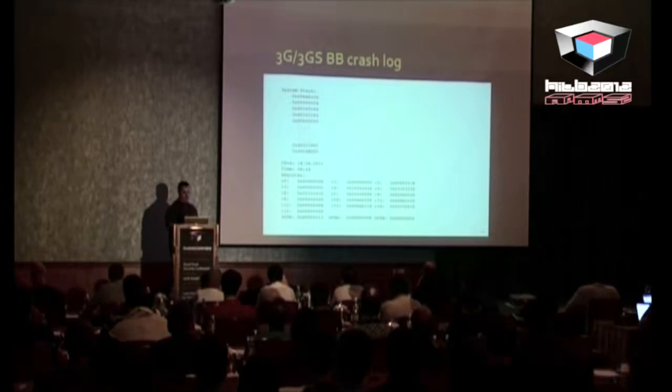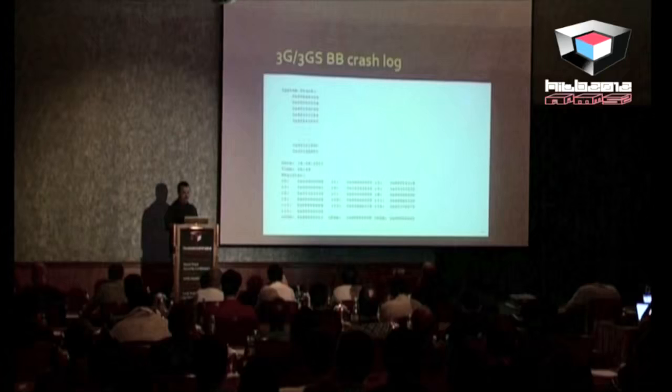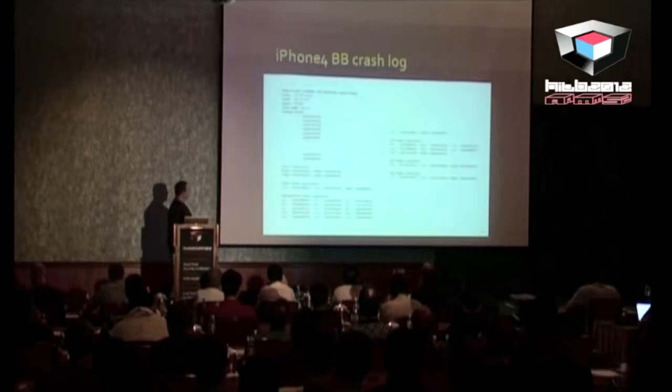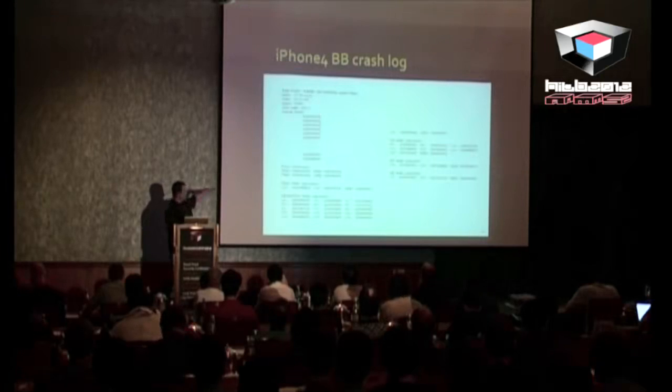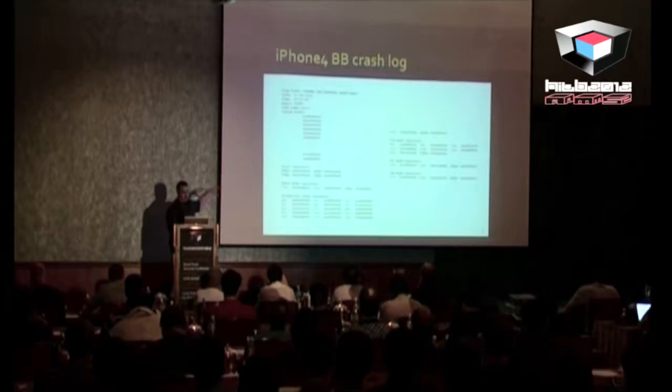At least, this is the 3G crash log. They beefed it up a little with the iPhone 4. There's a lot more information on there, although ironically, a lot of it doesn't relate to the crash. It relates to the crash handler, so it's redundant and not very useful. But there are some bits and pieces on there that you can use to help figure out why things crashed.